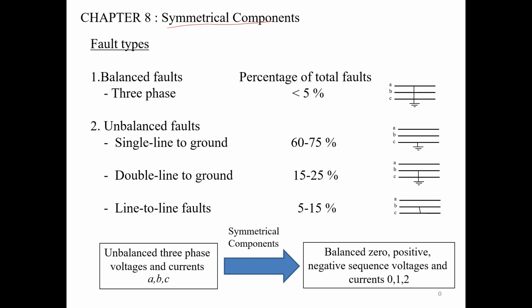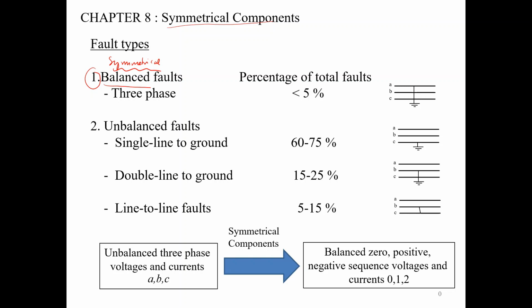Okay, let me clarify what kind of fault we have discussed in this course. We have learned in the last chapter about the balanced fault or three-phase fault. Another name would be a symmetrical fault. Why do we use the term symmetrical?